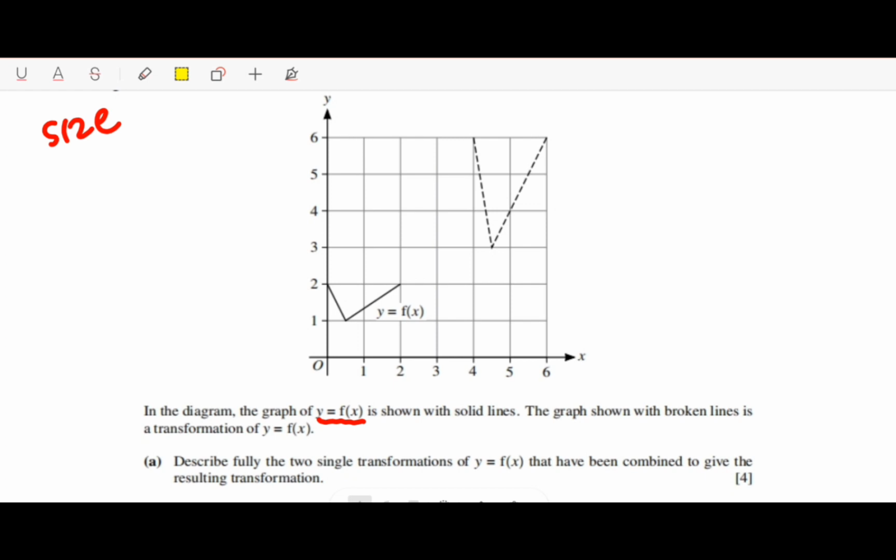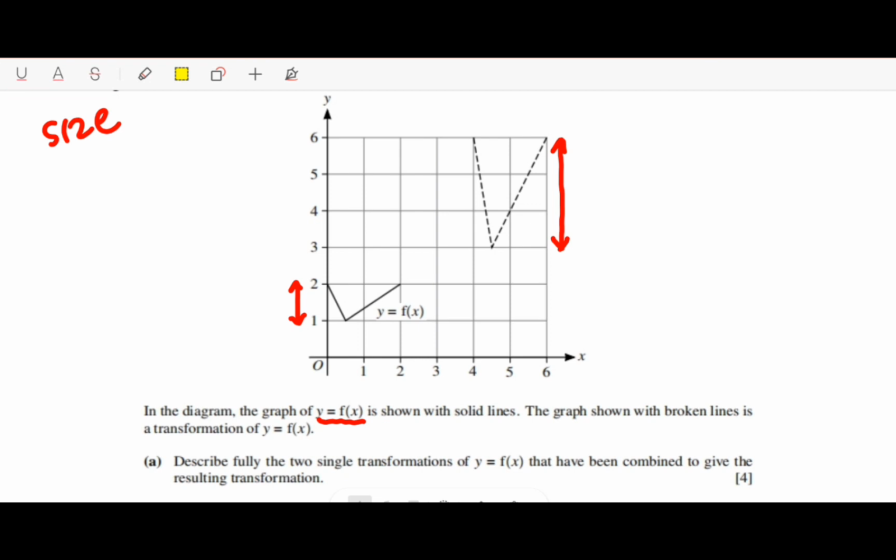You need to check if the size of your graph has changed in terms of y. You check vertically, right? This graph has been covering just a single box, the original graph. So we check the size now vertically for the resultant graph.